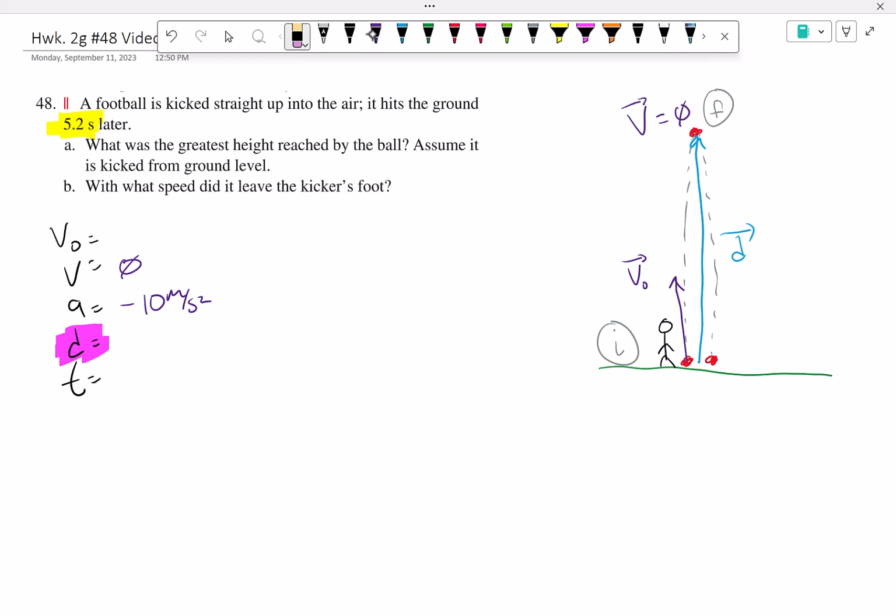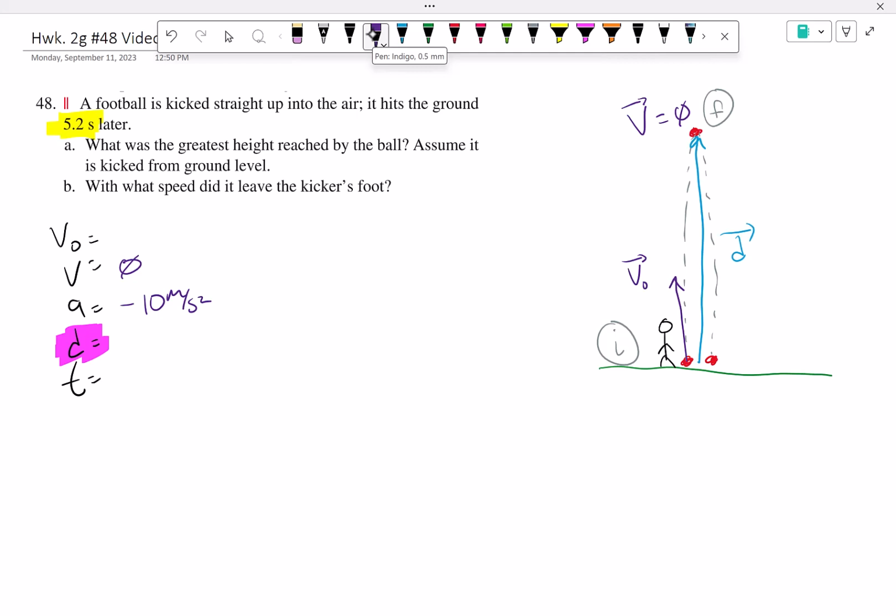Now, this isn't always true, but it is true in this scenario that if I assume that it was kicked from ground level and hits the ground, then it started right where it ended. And basically the time that it takes to go up would be the same time that it takes to go down.